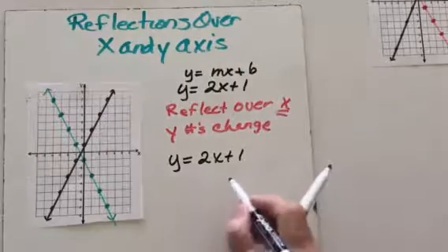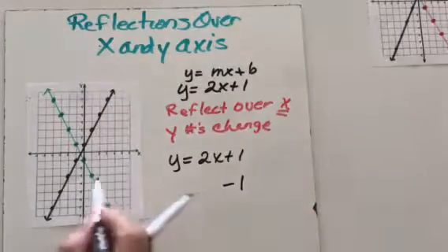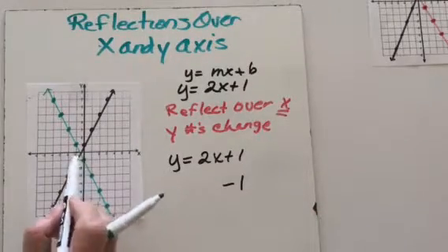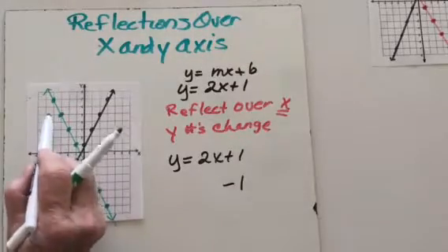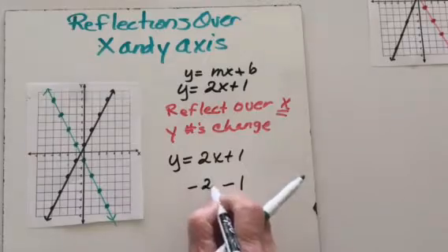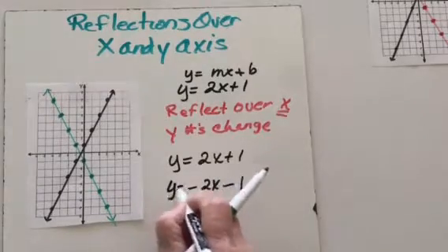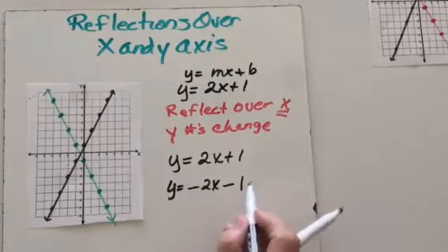It's on -1. So my y-intercept is on -1. And what happens to my slope? Well, my slope is also going in a negative direction. And again, it's going down 2 over 1. So it's -2x. So in this case, my new line is -2x minus 1.